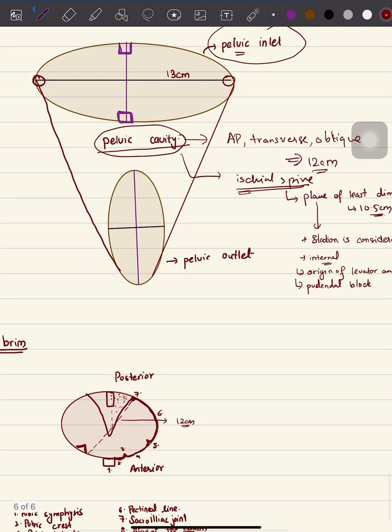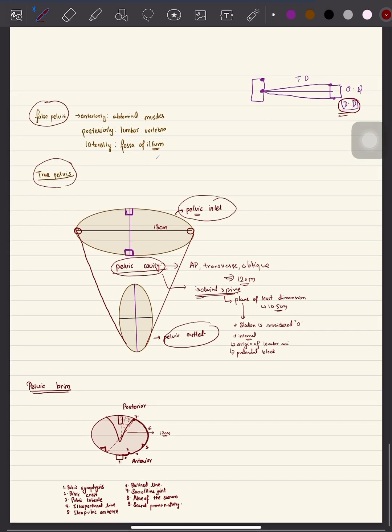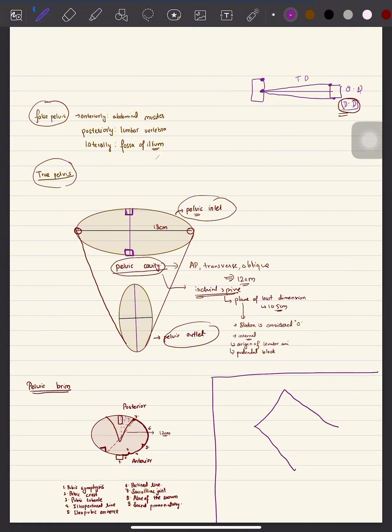Now let's go to the pelvic outlet. Let me make another diagram. Over here it would be like this, and we are having a view from the inferior region. Here would be the coccyx. Here would be the ischial tuberosity, and here would be the pubic symphysis.